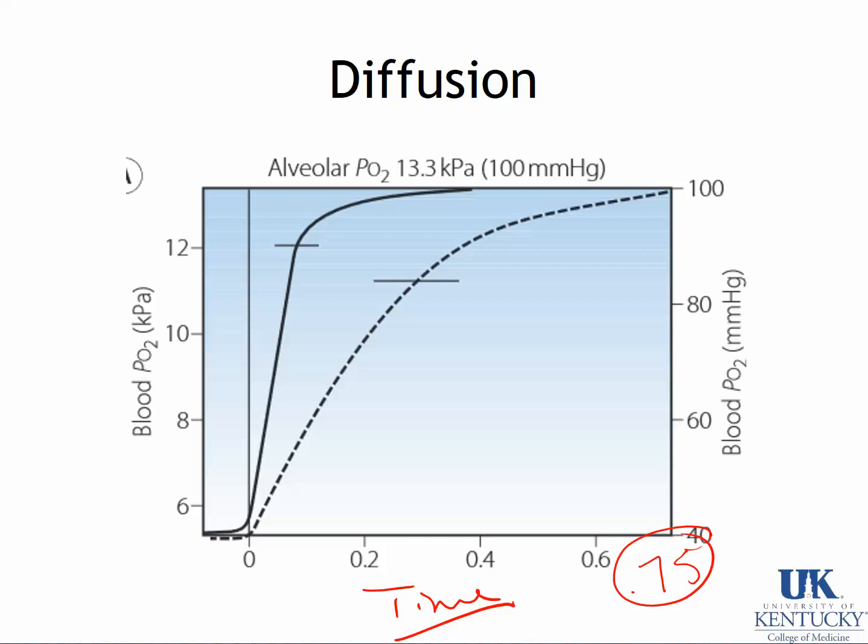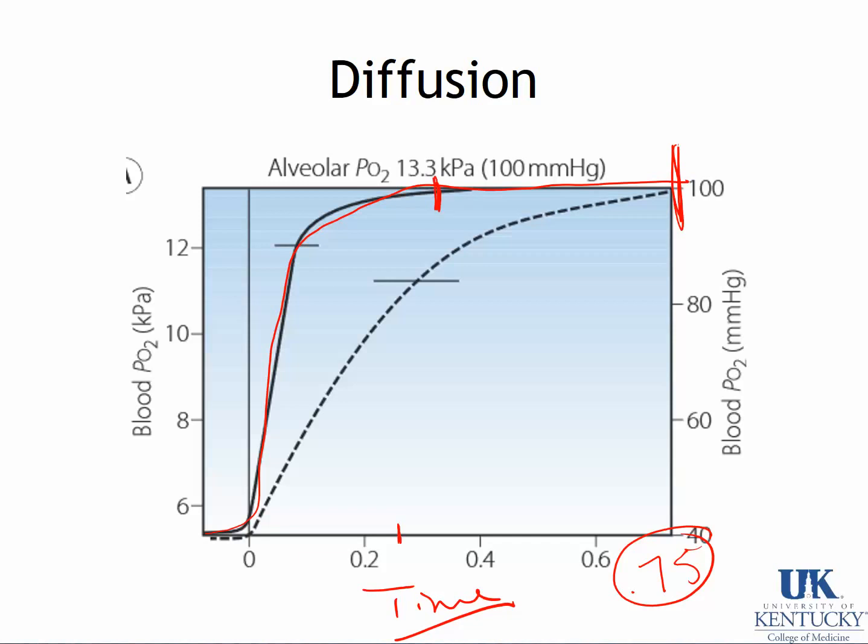So again, what this shows is that in a normal situation, blood spends this much time in the pulmonary capillary, but it's actually completely oxygenated at about this point in time.